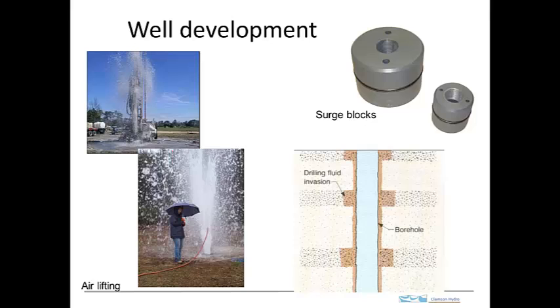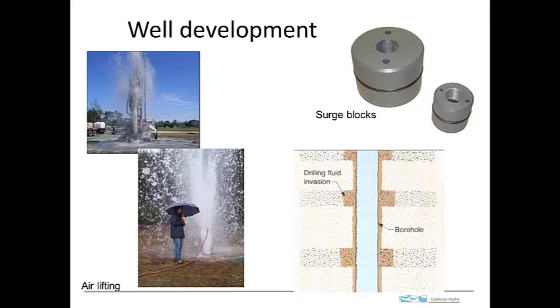Once the wells are completed, the next step is to do a well development process. Inevitably, the drilling process will create some fines that accumulate right along the wall of the well. This can create a skin on the well, so if you're pumping out of the well, that can create head losses, and that would be a problem.